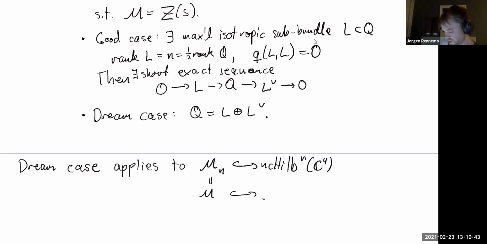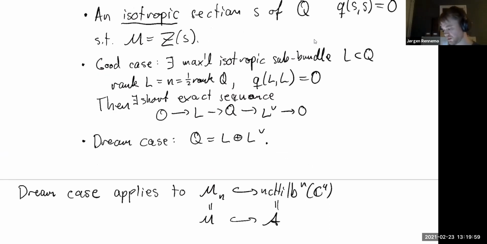So this now plays the role of the ambient space A, and the Hilbert scheme is cut out from the non-commutative Hilbert scheme by an isotropic section of an SO_{2n} bundle, and not only that, this bundle actually splits as some bundle plus its dual bundle.